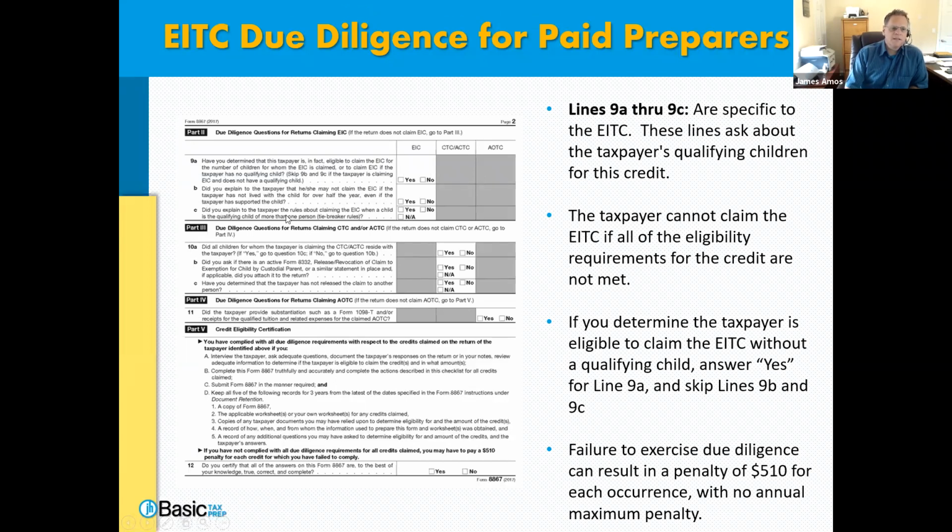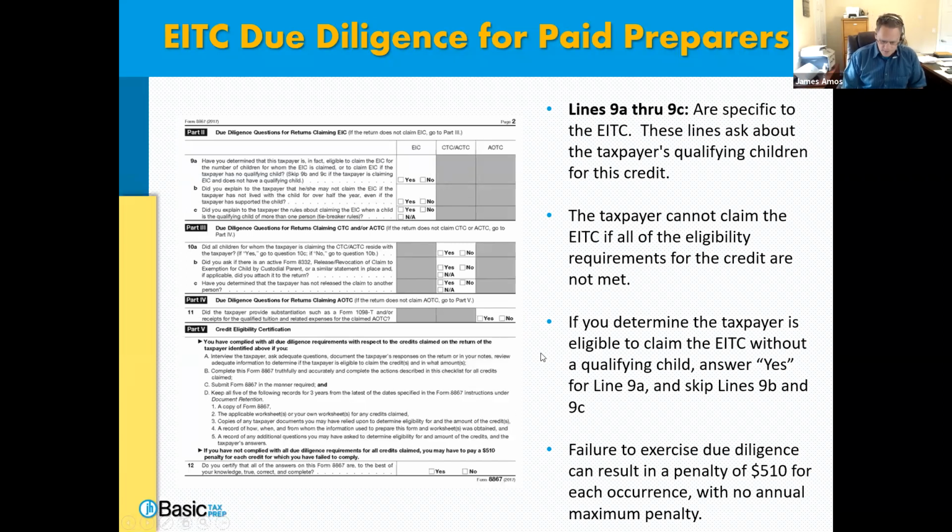Did you explain to the taxpayer the rules about claiming EIC when a child is a qualifying child of more than one qualifying person? Yes. So those are specific questions having to do with EIC. Then there's also specific ones for child tax credit, which we briefly touched on when we talked about child tax credit. There's specific ones for American Opportunity Credit. Okay, so we've seen this before.